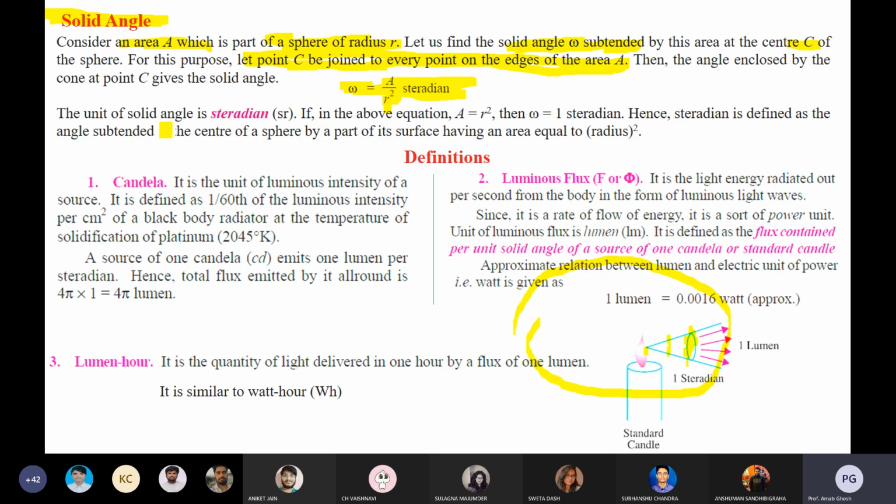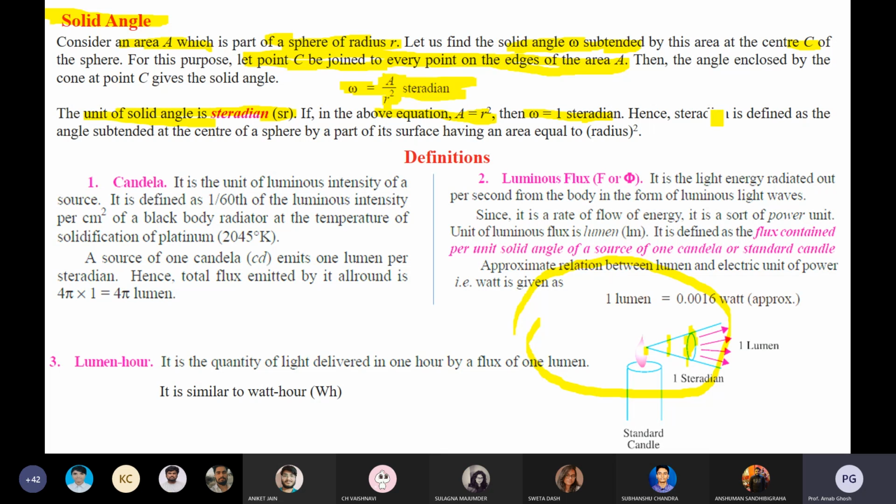The unit of solid angle is steradian, SR. In the above equation, if A equals r square, then omega equals 1. So 1 steradian means area and radius square both coincide.